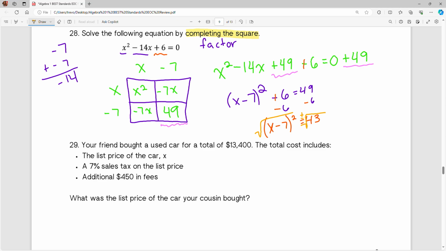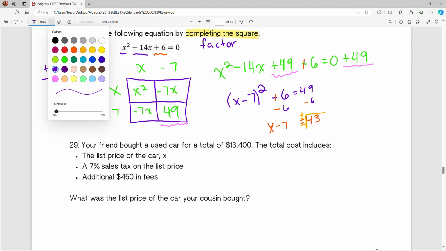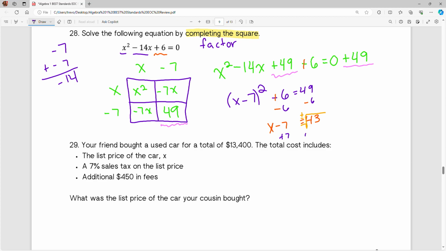Square root of 43, and this square root of something squared is going to cancel each other out, so that then you can add 7 on both sides of the equal sign to give you that x equals that 7 right there, plus or minus the square root of 43.